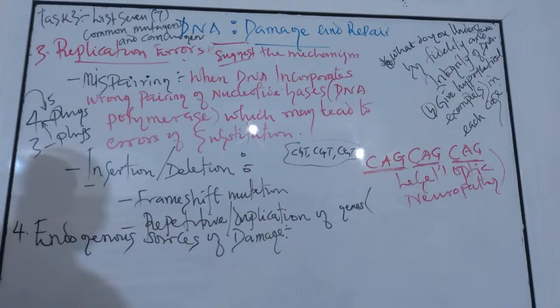I told you that there are 2 factors that can cause DNA damage: exogenous causes and endogenous sources. All the other ones that we have considered, physical, chemical, replication, are exogenous. So let's look at what are called endogenous sources.